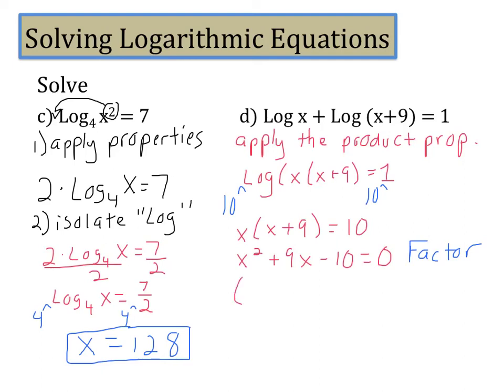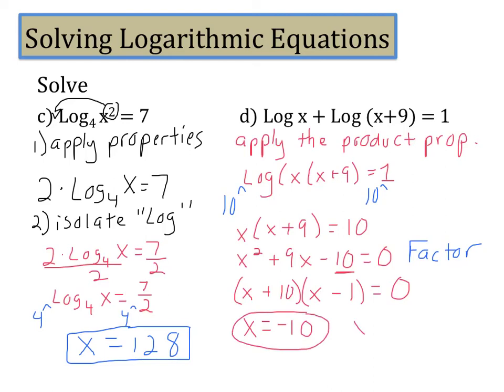I need my two binomials, and in the first spots I need two terms that multiply together to give me x squared, and I need two terms that multiply together to give me negative 10 but combine to give me positive 9. So I know I need a 10 and a 1, and since this is positive, this will be positive, and we need a negative to make this negative. So my x values are negative 10 and x equals 1.